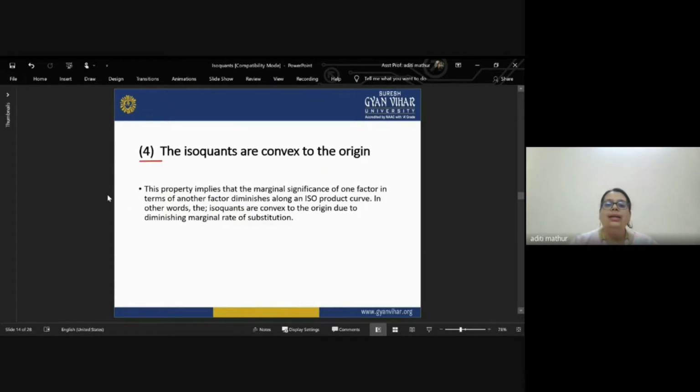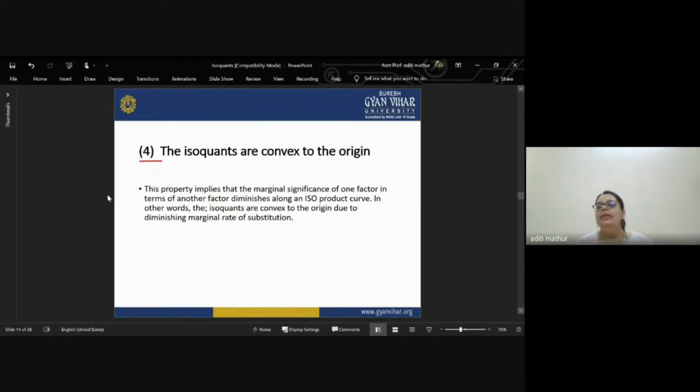Fourth characteristic is that the isoquants are convex to the origin. This property implies that the marginal significance of one factor in terms of another factor diminishes along an isoproduct curve. In other words, the isoquants are convex to the origin due to the diminishing marginal rate of substitution.